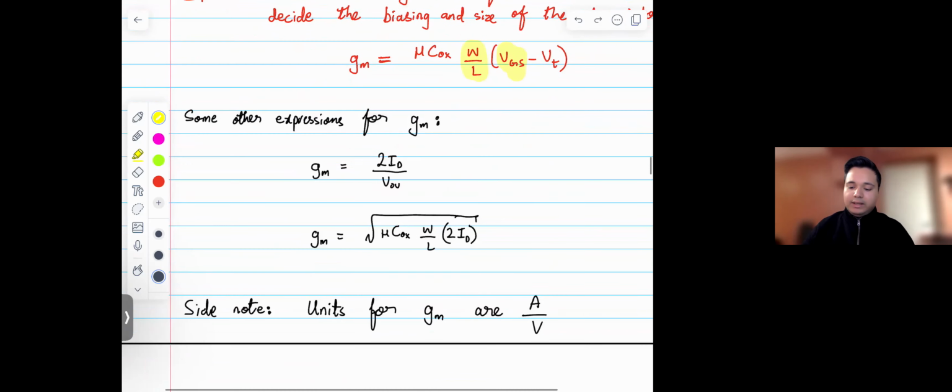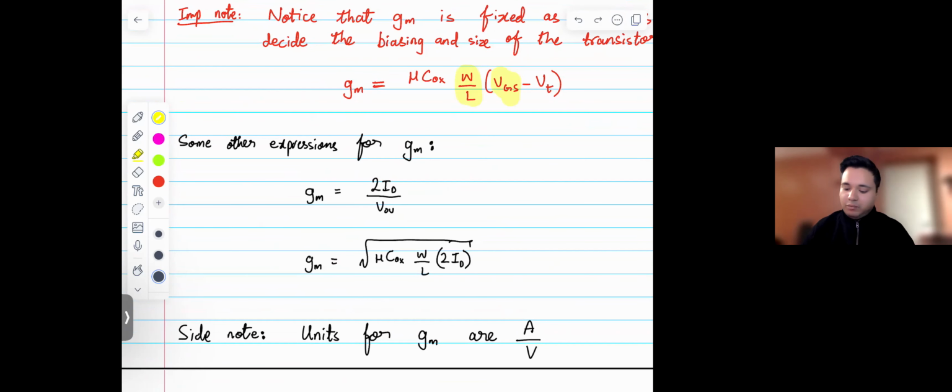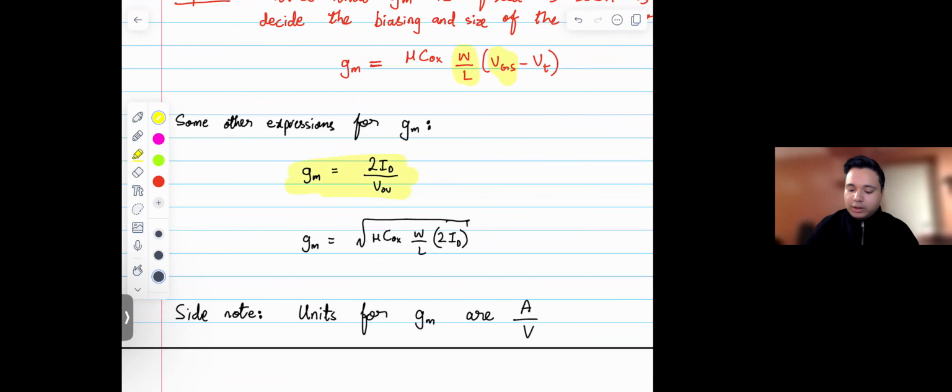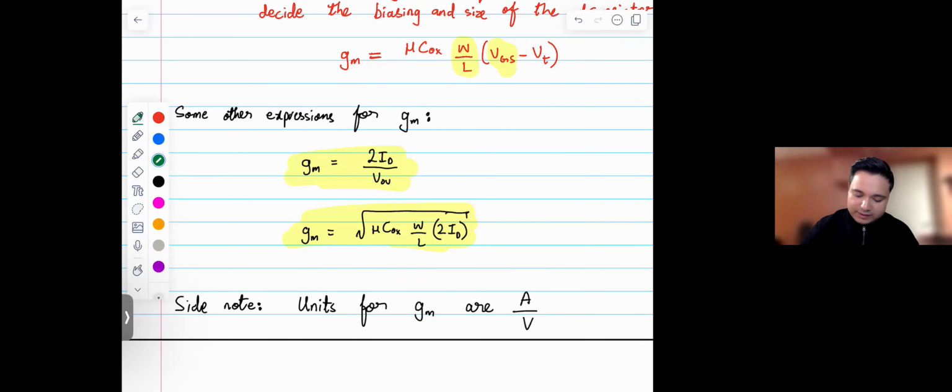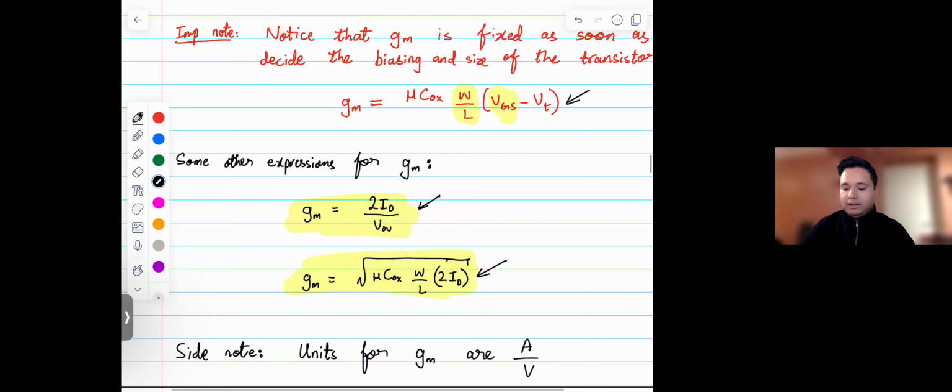Another thing I wanted to say is this is not just one expression for GM. I mentioned two other expressions here for GM as well. The only change is that instead of overdrive voltage in one of these expressions, you have the size of the transistor or the current through the transistor. So this expression has ID and overdrive voltage. This one has W by L and ID, and the first one had W by L and VGS, or W by L and overdrive.